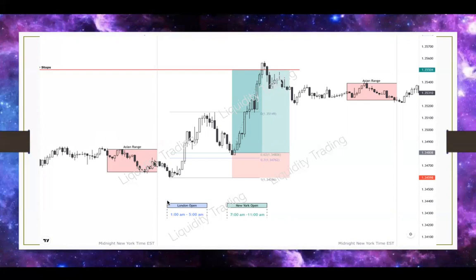Right here, we see the market trade down a little bit below the Asia range, 1 a.m. to 5 a.m., the London Open kill zone. And notice that between 1 a.m. and 5 a.m., the market trades above the Asia range and creates the expansion.